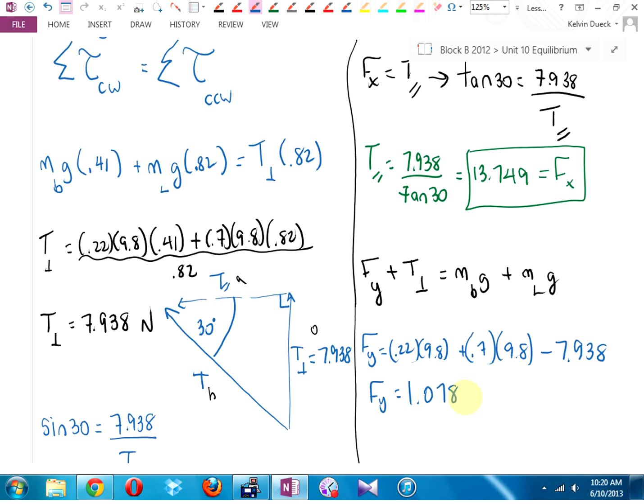It's exactly half of MBG? Probably because the mass of the load is on the very end, so I suspect the tension in the rope and the tension on the hinge are splitting the whole thing. But I don't think I would always just assume that, though. It depends on where that load is, and often it's not on the end. Okay.